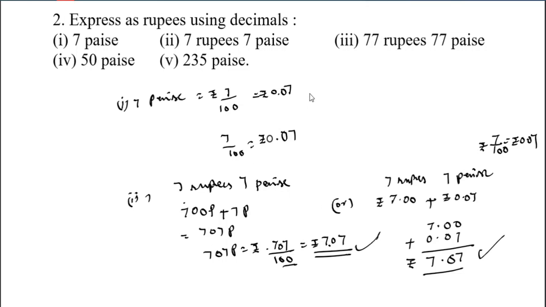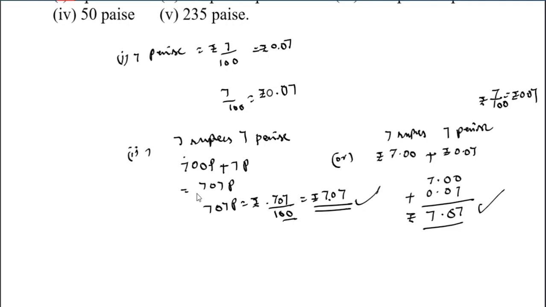Now next. Do the fourth one as homework, and the fifth one is 235 paisa. 235 paisa is equal to how many rupees?